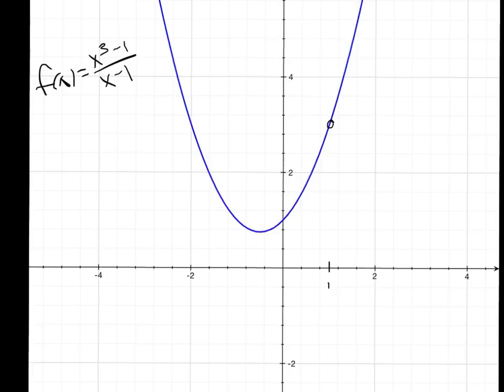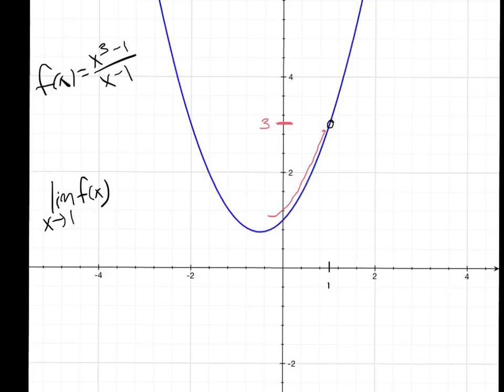And we are talking again about the limit of f of x. So now take note that if we kind of followed along this function, if we traced along from the left side and got closer and closer to x equals 1, our function values are getting closer and closer to 3.